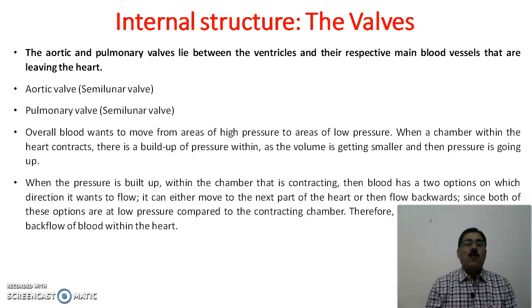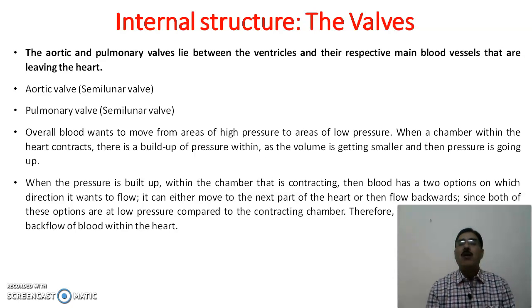Now, what actually happens when a chamber starts contracting? It means there is a build up of pressure, and due to the build up of pressure the blood has two options, either to backflow or to move forward.